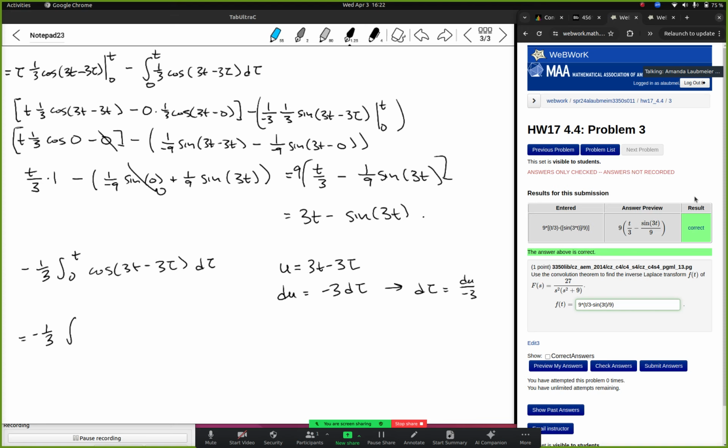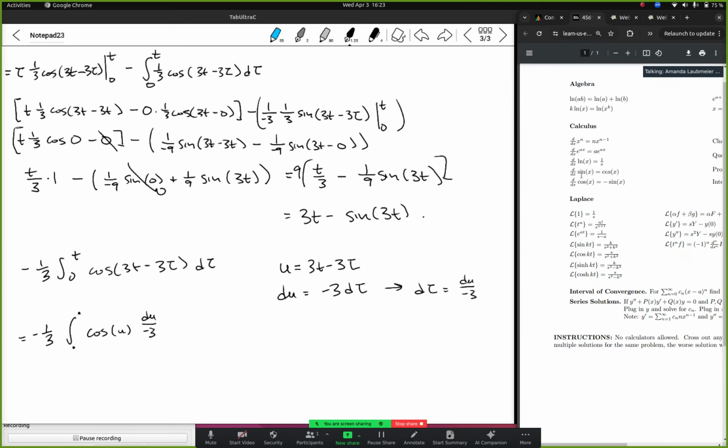I am going to have to change those or go plug everything back in later. But that just becomes cosine of u du over minus 3. And I know that I can integrate cosine really easily. I have it here. Its integral is sine. So that just becomes minus 1 over 3 times another 1 over minus 3, pulling this thing out front.